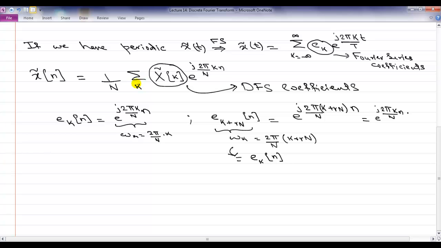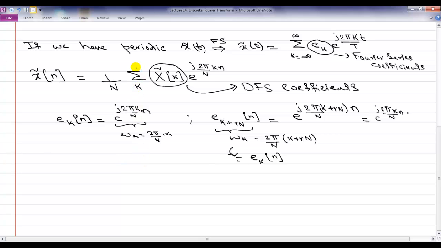I can have k equal to n to 2n minus 1 and so forth. Any consecutive n integers will work, because after that the frequencies are the same. If you take any discrete frequency e to the j 2 pi k over n times n, add another multiple of n, you get back that same one. Okay?